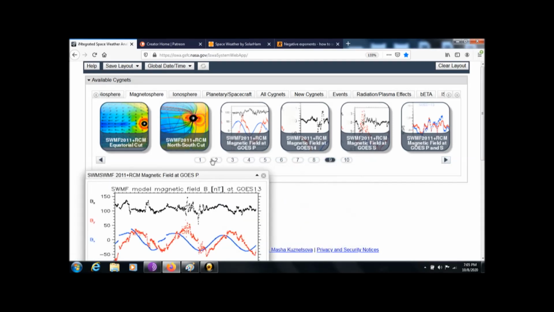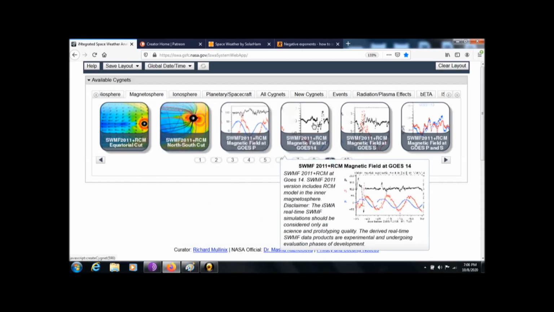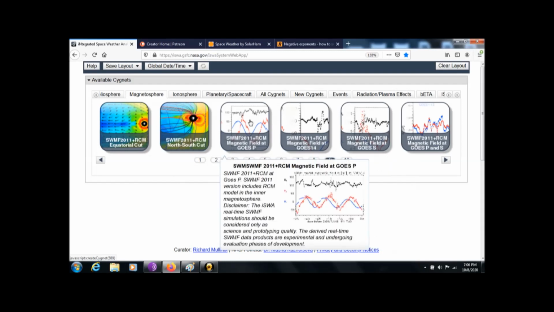Now I want to look at some of these magnetosphere simulations because some of them have been taken down, and if you look at the dates, you can tell if they're old or new. This looks like it's still new, but you can see the red and the blue are becoming offset.